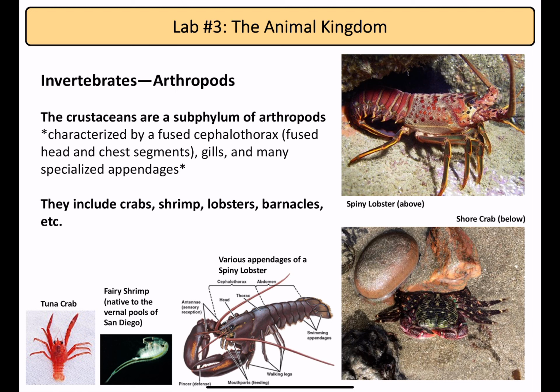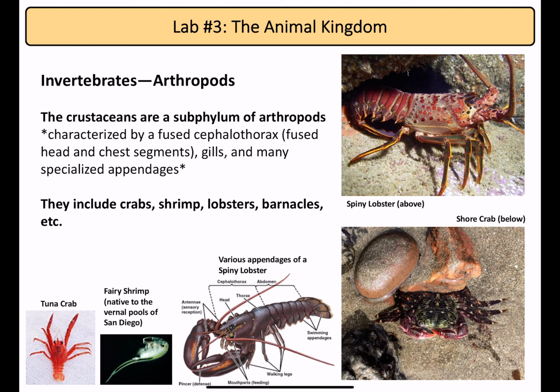Beginning with the crustaceans. They have all the other traits that we just listed off that all arthropods have. In addition to that, they have their head segment fused with their chest, thorax segment. They have gills, and they have the most specialized appendages out of all arthropods.